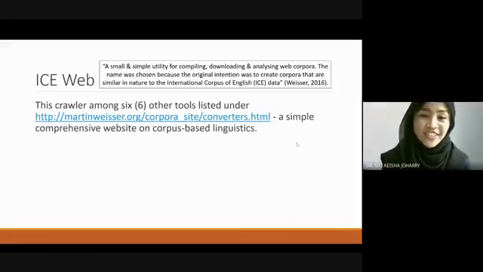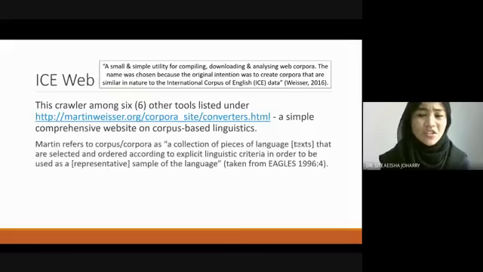This website originated with Dr. David Lee, a retired lecturer from the University of Wollongong, and Martin Wieser kind of inherited it. I was introduced to David's list of everything corpus-based, quite comprehensive, and Martin fortunately has updated it and made the website friendlier to use. So, feel free to go to this corpora site, and you can find the IceWeb tool there.